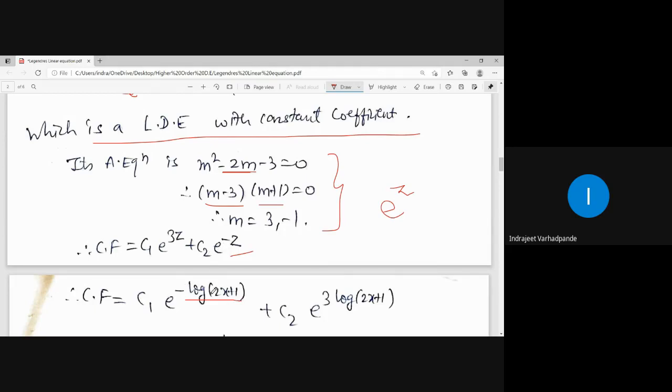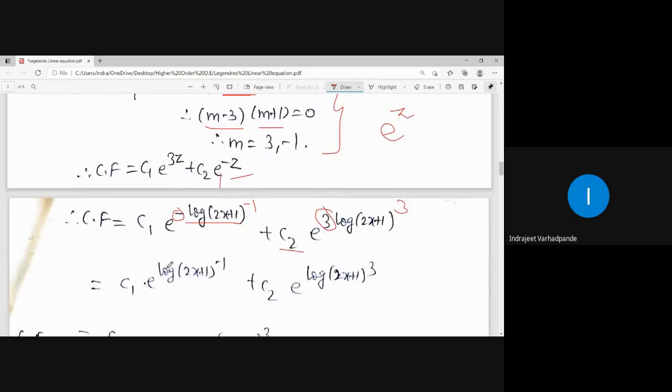So C1 e to the power minus log of 2x plus 1 plus C2 e to the power 3 log of 2x plus 1. This minus 1 can be shifted to the power of 2x plus 1, this 3 can be shifted to the power of 2x plus 1. e and log get cancelled. So here I have immediately converted it into the form of x.